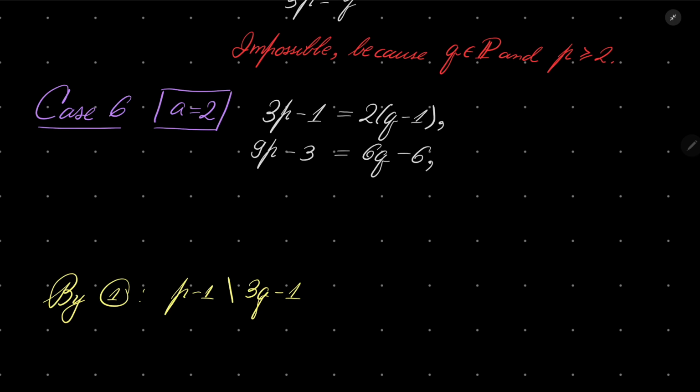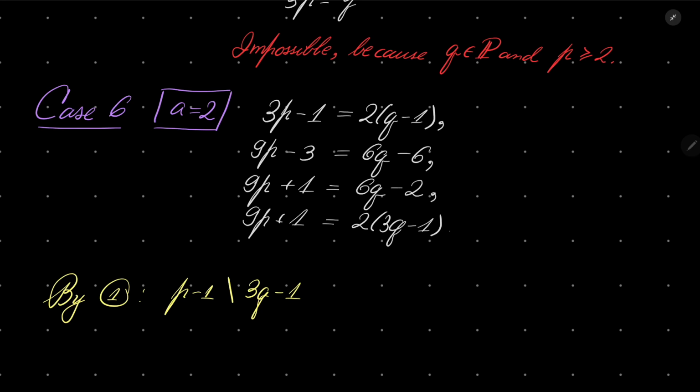And let's add 4 to both sides. 9P plus 1 equals 6Q minus 2, which is 2 times 3Q minus 1. Okay, it's what I want.